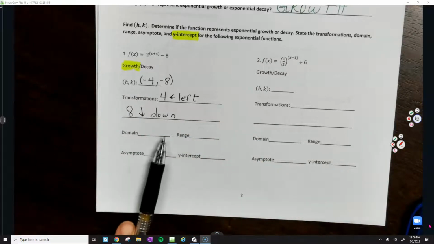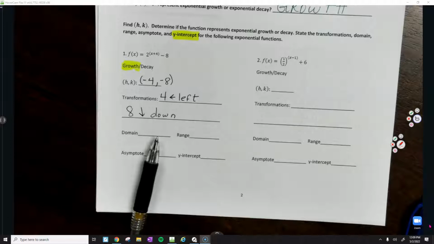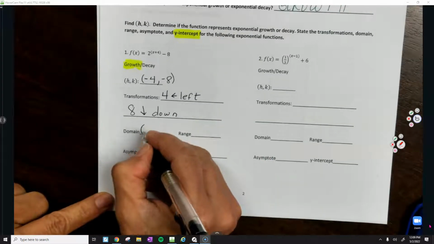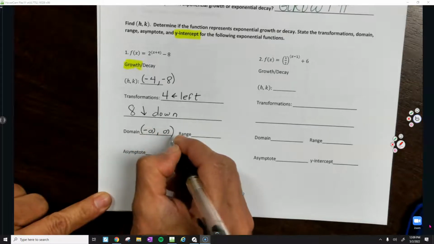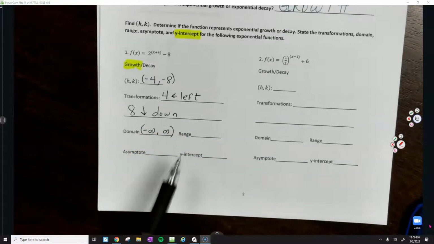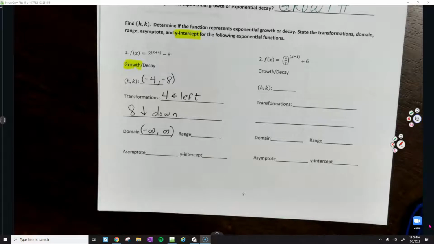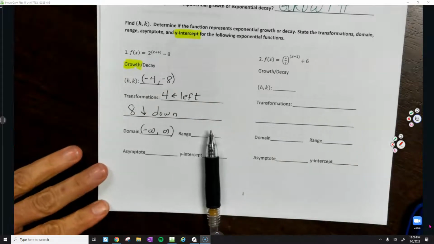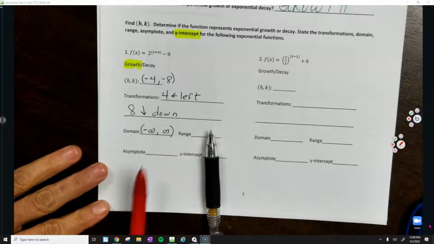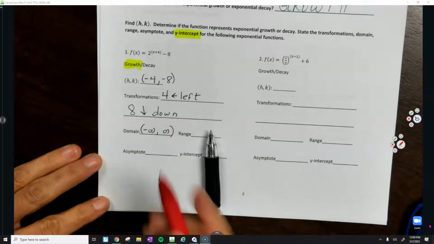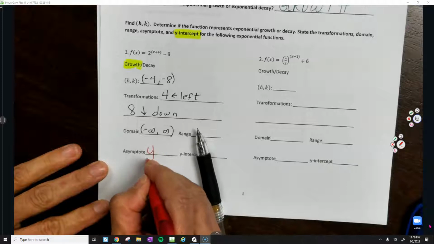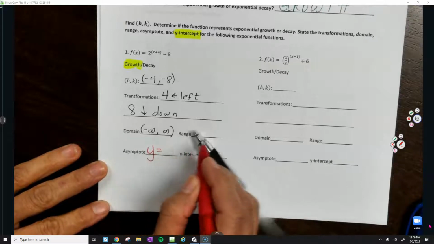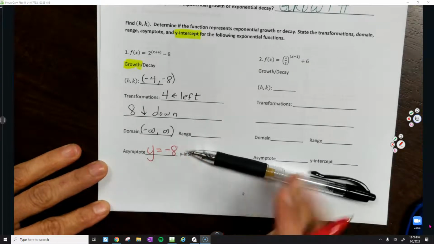For your domain, guys, you can put in any number for an exponent. Even a negative exponent. Remember, that just means it's on the other side of a fraction bar. So your domain is -infinity to +infinity, but not your range. Your range, remember, is directly affected by your asymptote. And remember, your asymptote is y equals k, and the k value for number 1 is -8.